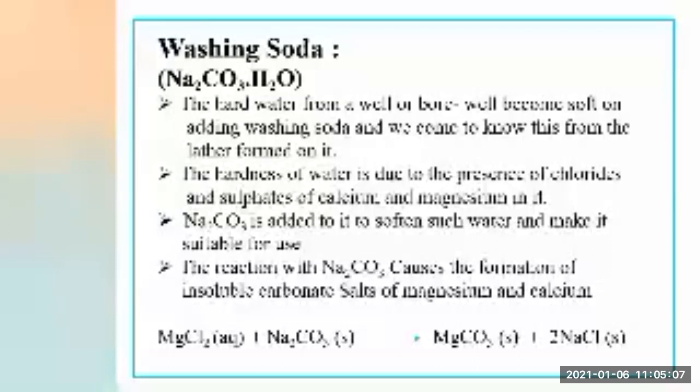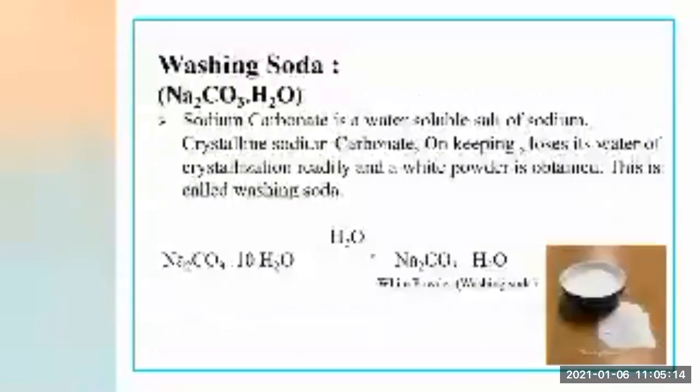Crystalline sodium carbonate on keeping loses its water of crystallization readily and a white powder is obtained. This is called washing soda. As we have seen in the market, when we buy washing soda, it is of some yellowish color, but when we keep it for some time, it loses water and a white color is obtained.